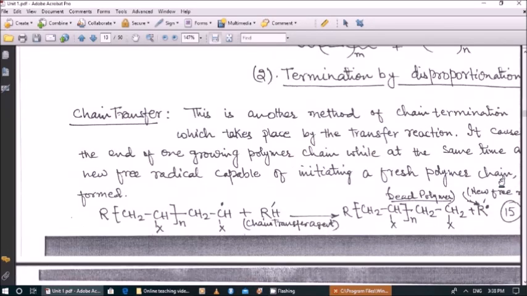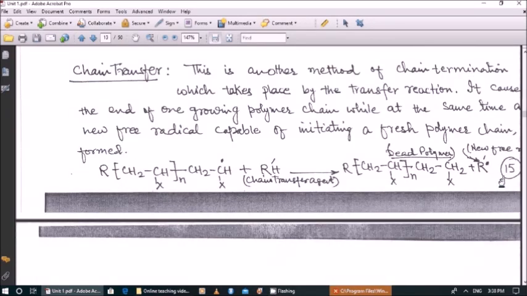Another mode of chain termination is chain transfer, which takes place by a transfer reaction. It causes the end of one growing polymer chain, while at the same time a new free radical capable of initiating a fresh polymer chain is formed. The chain transfer agent is a compound.